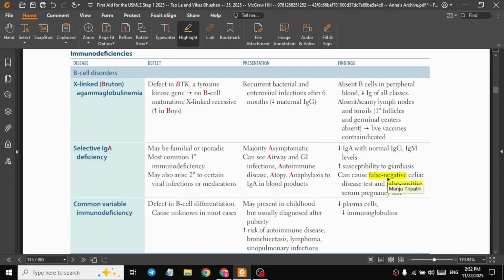IgA against transglutaminase and all of that. If you have IgA deficiency, you're not going to make those sort of antibodies, and you may not be able to detect those antibodies, right? But they're there, they're causing harm, but you may not be able to detect them. So that's what the false negative is for. So a person can have celiac disease and have IgA deficiency. That's the core. Okay.